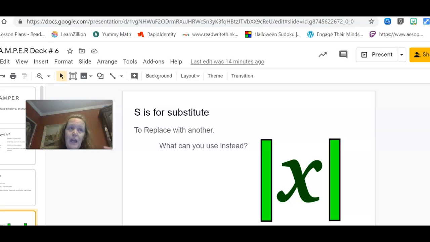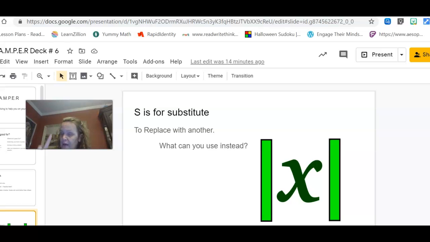So I thought, I need something wet, something not too sweet, and something not too mushy. So I decided to substitute an apple into my zucchini bread. And it worked out okay. So I had a little bit of zucchini and a little bit of apple. So I substituted apple for zucchini. So S for Scamper is for substitute.